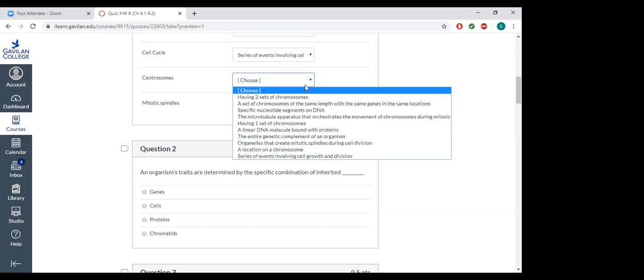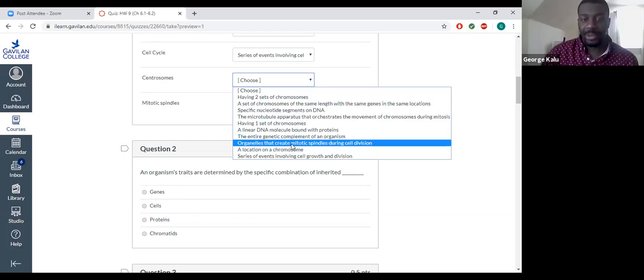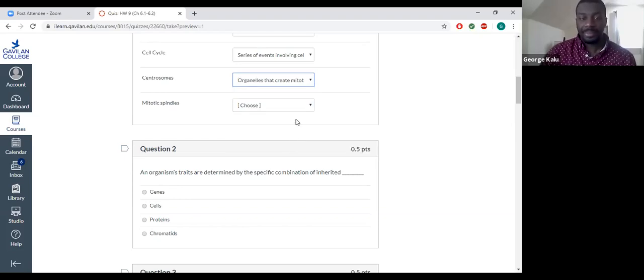The organelles that create mitotic spindles. Right. They're the organelles that create the mitotic spindles. Perfect. So they're going to get produced or duplicated during interphase, and then they're going to help you start to produce those microtubules, those mitotic spindles.